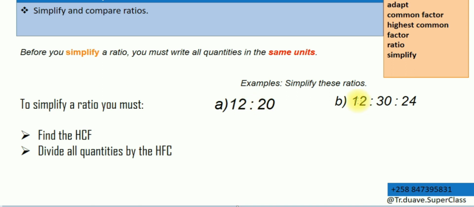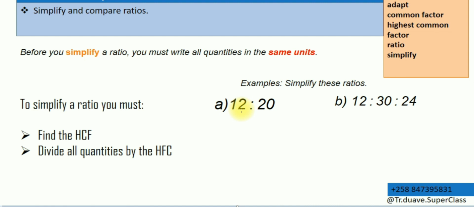And this one, 12 to 30 to 24, which means we have one quantity of something and another quantity of another thing. 12 parts of a quantity and 20 parts of another quantity. So now let's start to simplify it. Write it in its simplest form or its lowest terms.